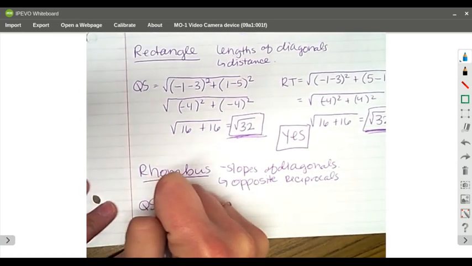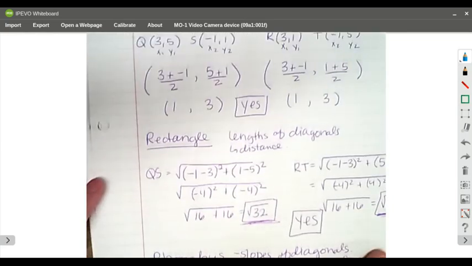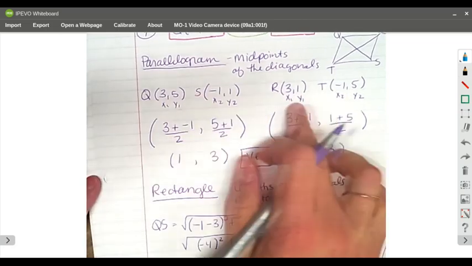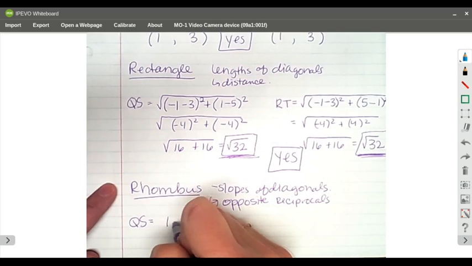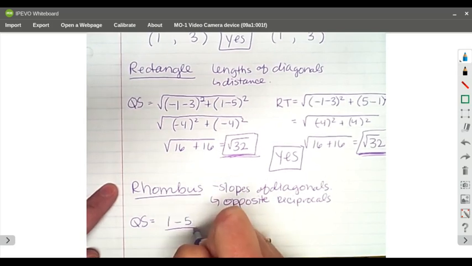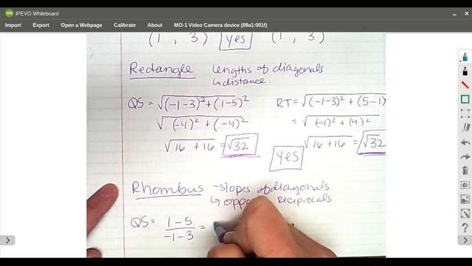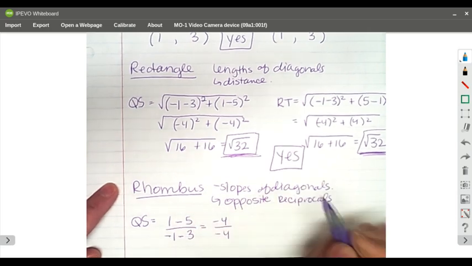So QS. Remember, slope formula is y2 minus y1 over x2 minus x1. So I'm using these same points again, Q and S and R and T. So for QS, it's y2 minus y1, which is 1 minus 5, over x2 minus x1, negative 1 minus 3. 1 minus 5 is negative 4. Negative 1 minus 3 is also negative 4.